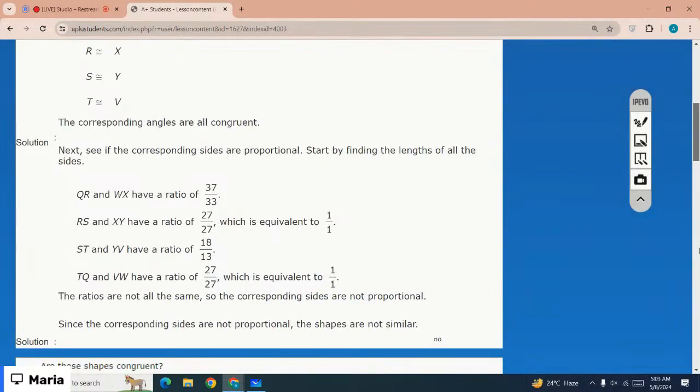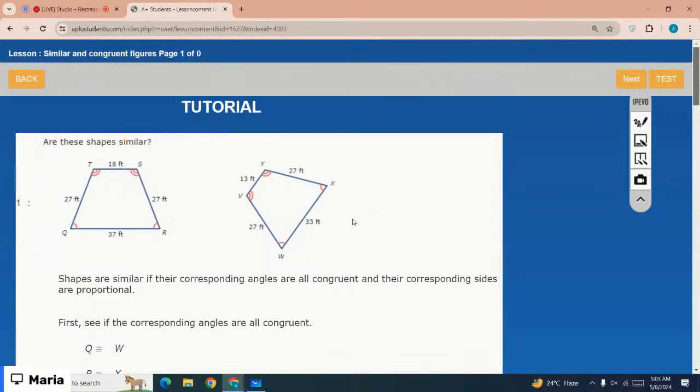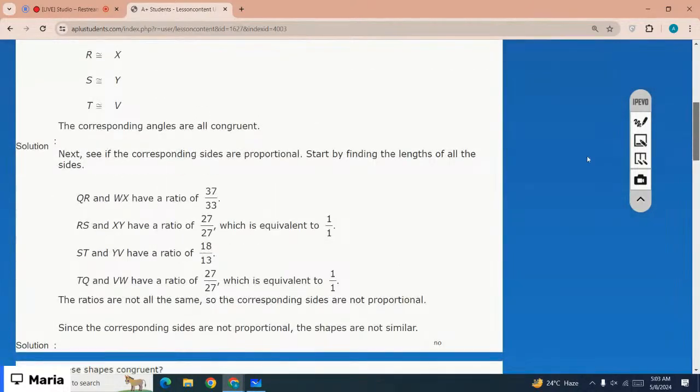You have to divide the similar side lengths. QR corresponds to WX, so all the side lengths should have exactly the same ratio. QR and WX have the ratio 37 over 33. RX and XY have the ratio 27 over 27.